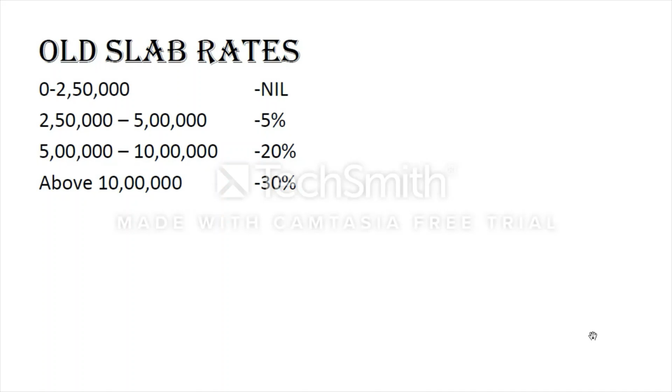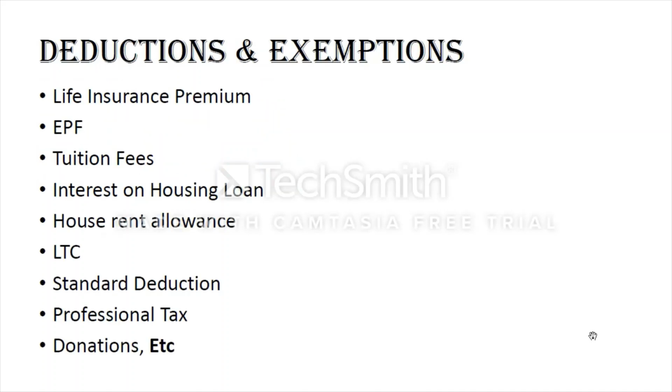For example, if a person chooses the new slab rates, then he is not entitled to claim any kind of deductions and exemptions. What are the deductions and exemptions I'm talking about? Let's have a look. Earlier we used to claim life insurance premium paid as deductions, EPF, tuition fees paid for the children, interest on housing loans, house rent allowance for the rent paid, LTC, standard deduction instead of travel allowance, travel conveyance, and professional tax.